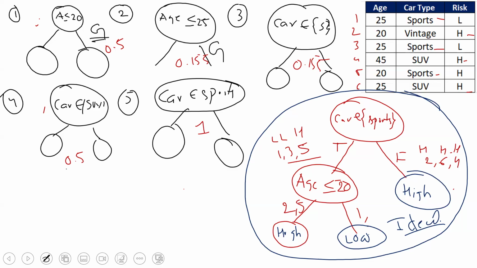When you have more entropy, that means you have less information. H is equal to 1 means less information, and H is equal to 0 means more information. You already have seen calculating entropy, right? Minus sigma over every i, p_i log p_i. When you have only one class in your data points and you don't have any second class, you have got entropy as 0 because log 1 is equal to 0, right?